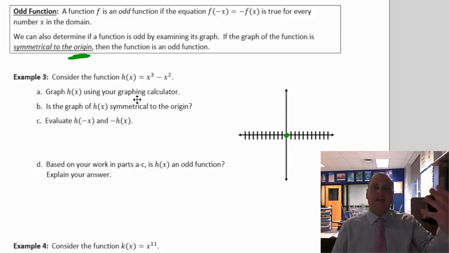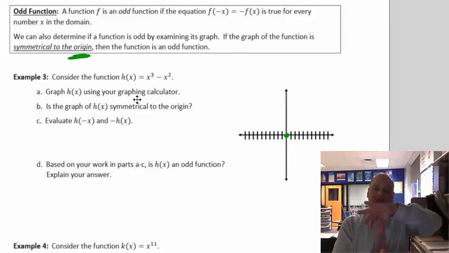So basically, if it flips over the origin, it's an odd function. Another easy way to tell is that it's a point reflection or a 180-degree rotation. It's the same thing. So an easy way to do it is to just flip your paper upside down. If the graph looks exactly the same, it's an odd function. That's a nice, easy way to tell. All right, so we're going to mention that at the end.